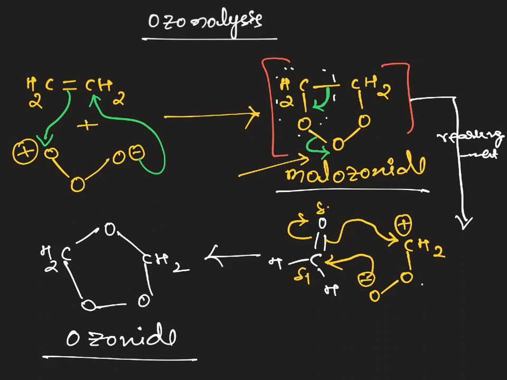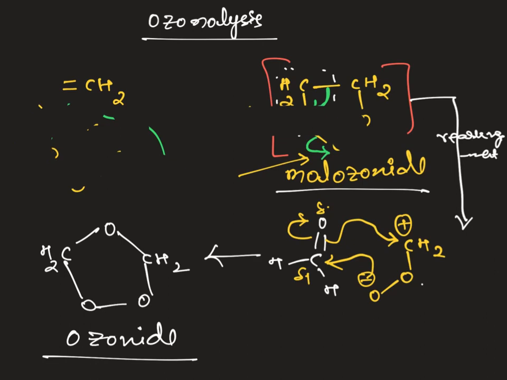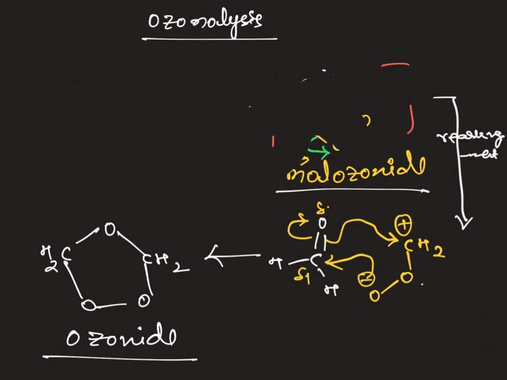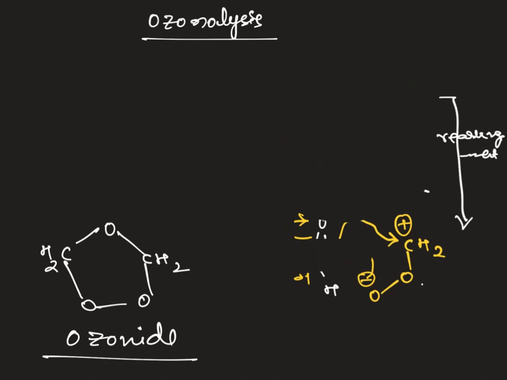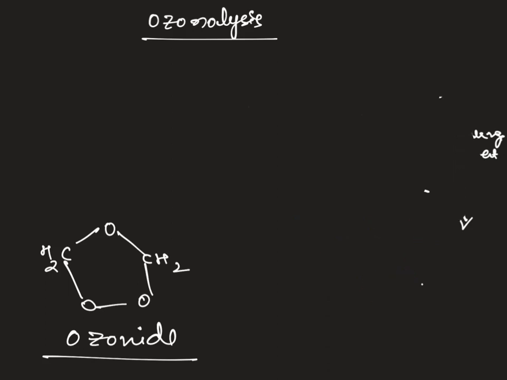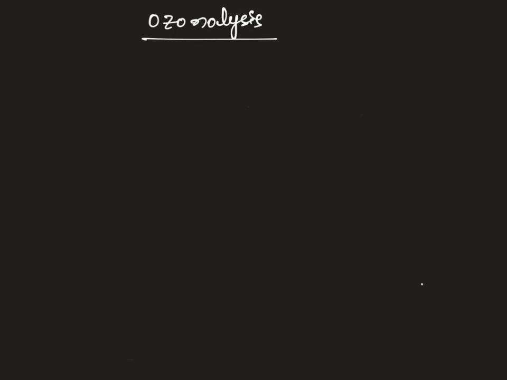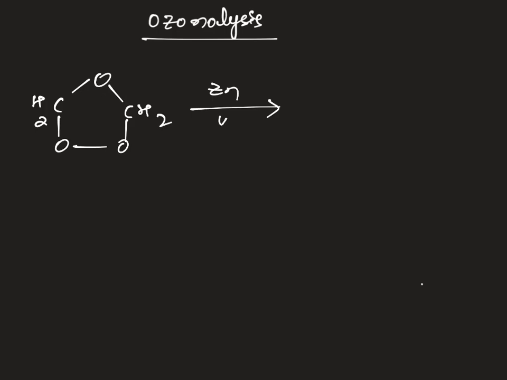Next step is reductive cleavage. I am taking this ozonide in presence of zinc, which is converted into carbonyl compounds, in presence of zinc, water.